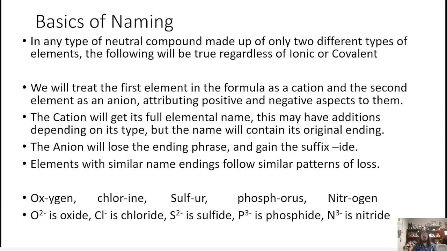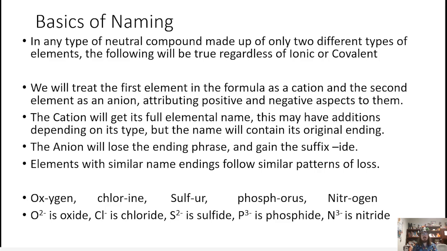In these cases, IDE tells us it is negatively charged. Now, where the suffix gets put on depends on the element. And for some of them, there are similar patterns of loss, but we kind of have to recognize them with practice.